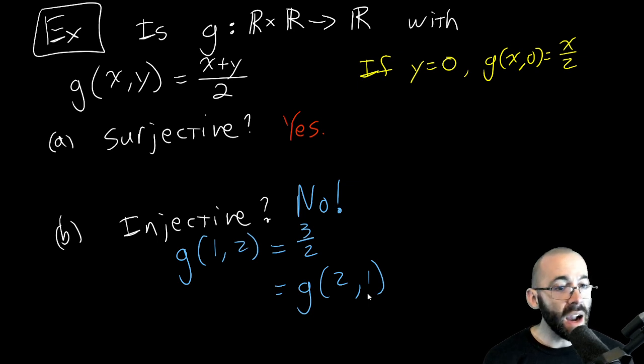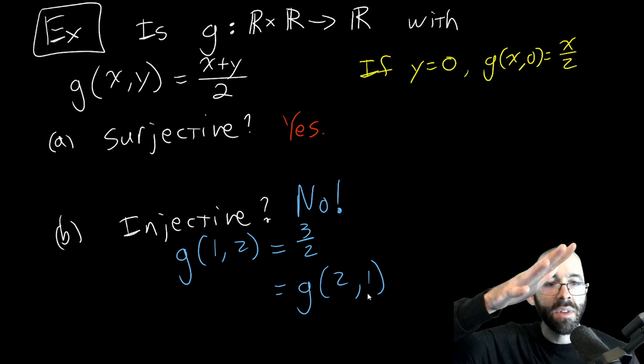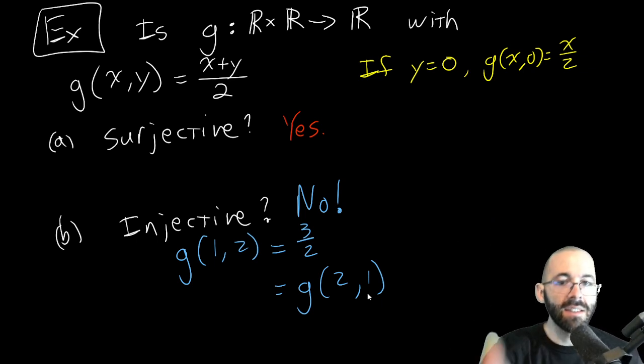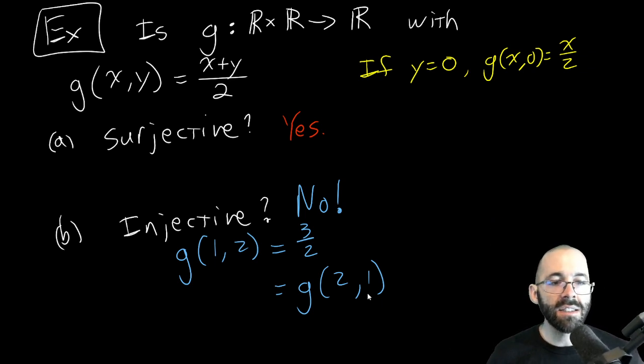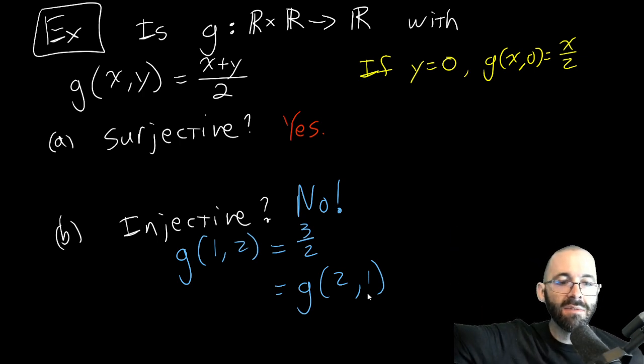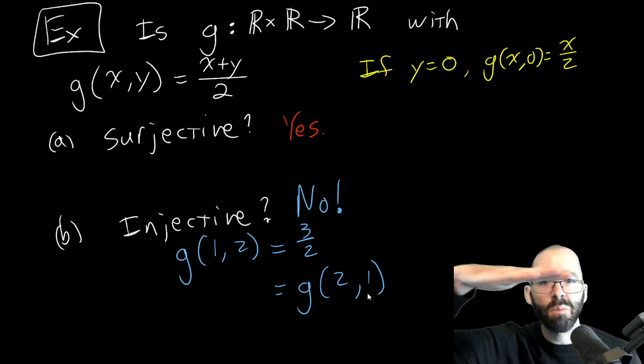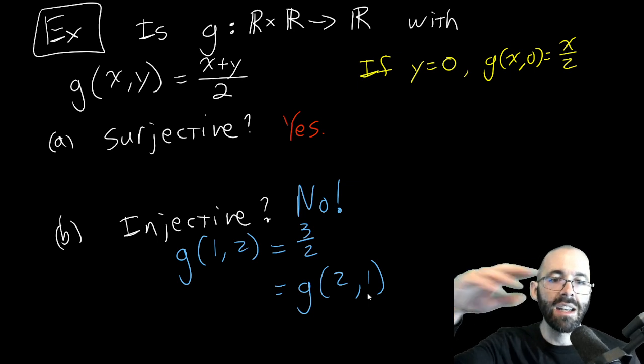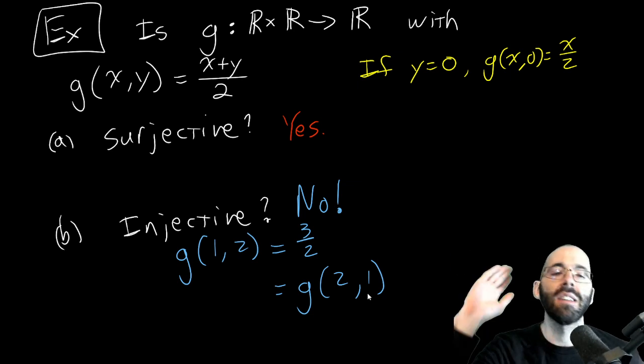Boo-hoo. If you graph this, you're going to get a three-dimensional surface. You can visually see this as well. On a three-dimensional surface graph here, the surjection thing means that, yeah, we're going to cover everything on the z-axis. And the injective thing is if you drew a horizontal plane, a flat plane, it's not going to be injective because you're going to see that this plane intersects the graph infinitely many times.